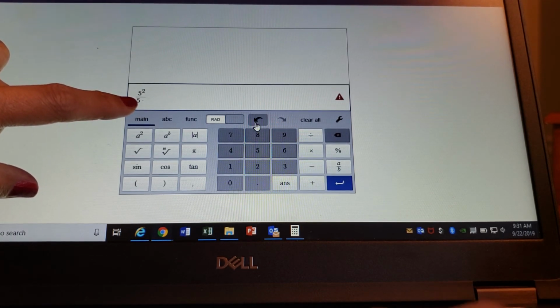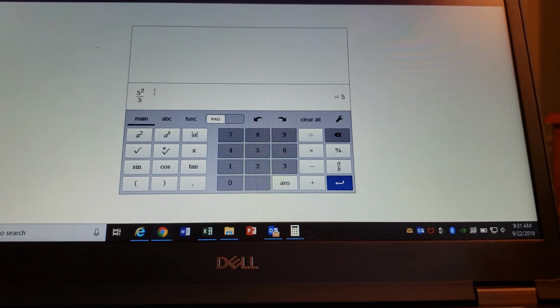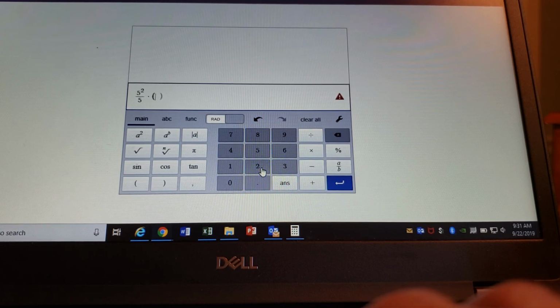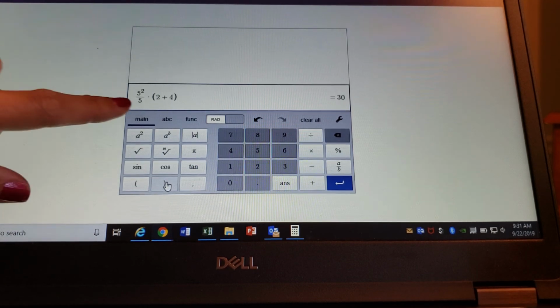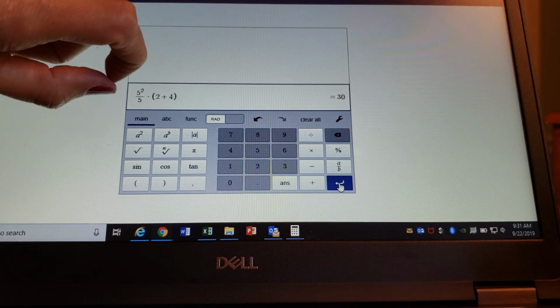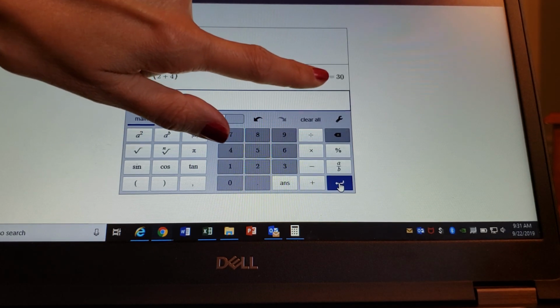We do not want that. So you are going to use your mouse to come to the side. Now you can hit times, parentheses, 2 plus 4, close your parentheses. Hit enter, and notice that we got 30.